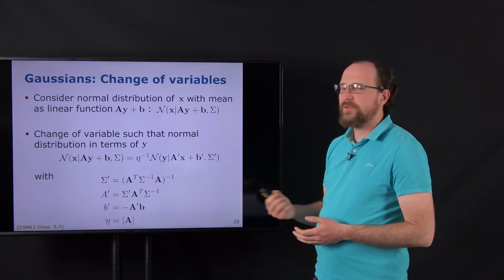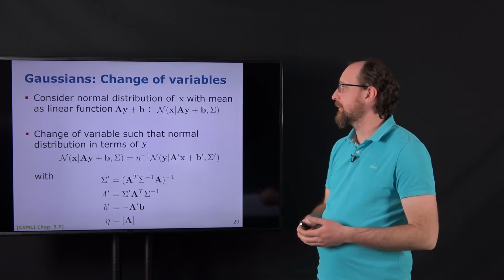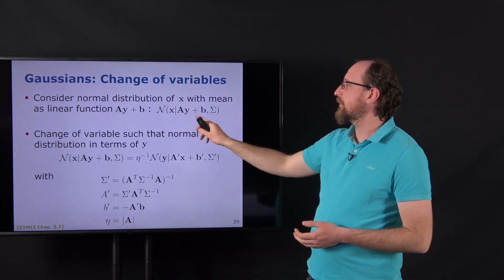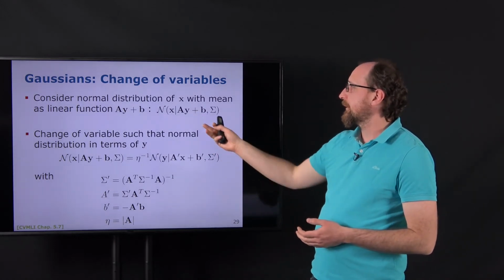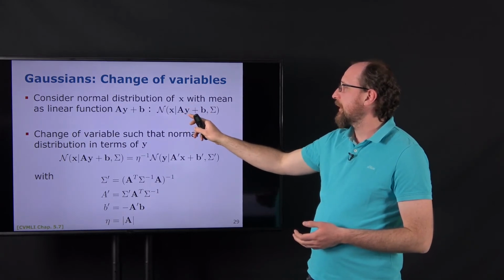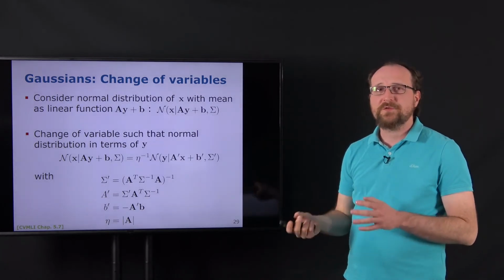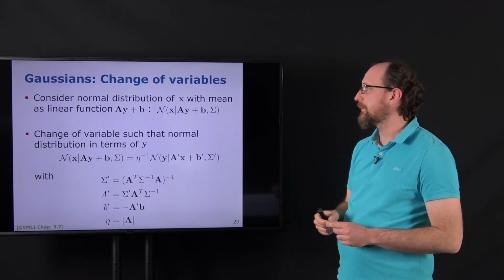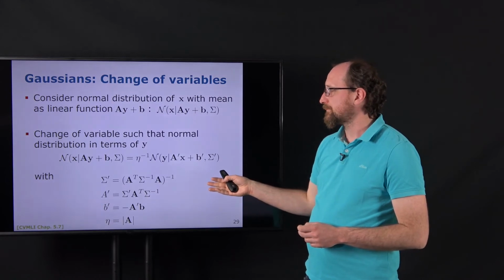So when we consider a normal distribution over x where the mean is a linear function of another variable y, so that the mean is given by A times y plus b, then we can change the role of the variables in this normal distribution by using these terms here.